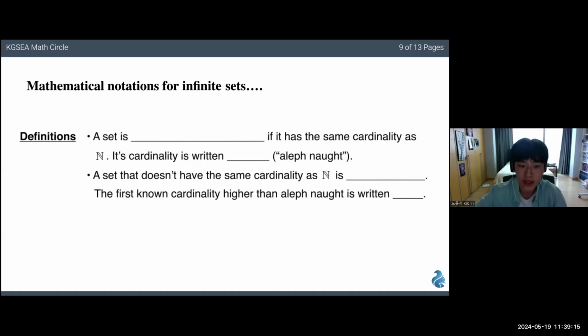First, we say that a set is countably infinite if it has the same cardinality as the set of natural numbers N. In mathematical notation, we call this ℵ0, and it's written like this. We have also seen sets like the real numbers or 0 to 1, which don't have a cardinality similar to N. These sets are called uncountable infinite sets, and these are written as ℵ1.